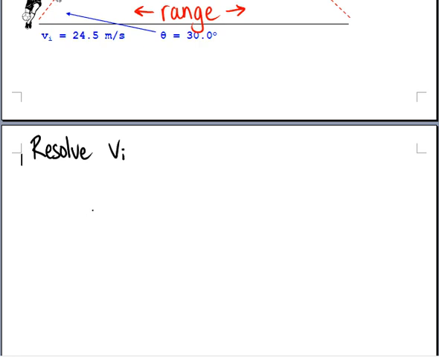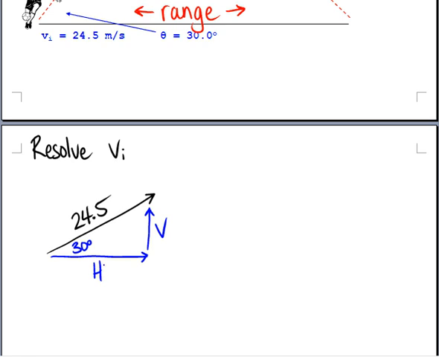So I'm going to draw on this initial velocity as a 24.5 meter per second vector. And I know this thing is at 30 degrees compared to the ground. And we want to figure out how much of that is vertical and how much of that is horizontal.